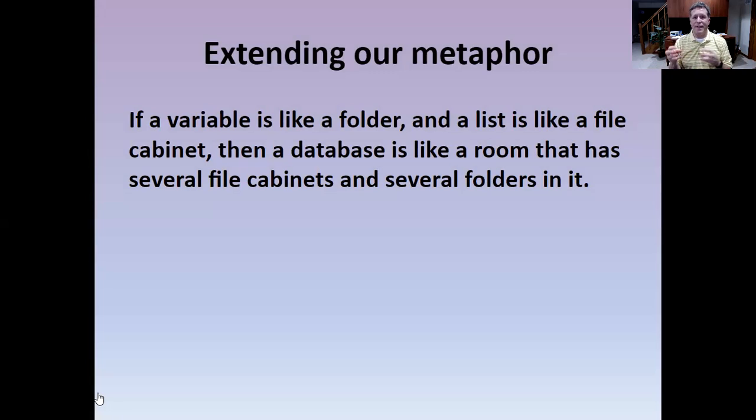So realize what that's saying is, in my database, I can put lists, I can put file cabinets, and I can put variables, I can put single pieces of data. I can do all kinds of stuff like that in my database. So it's a large collection, okay?